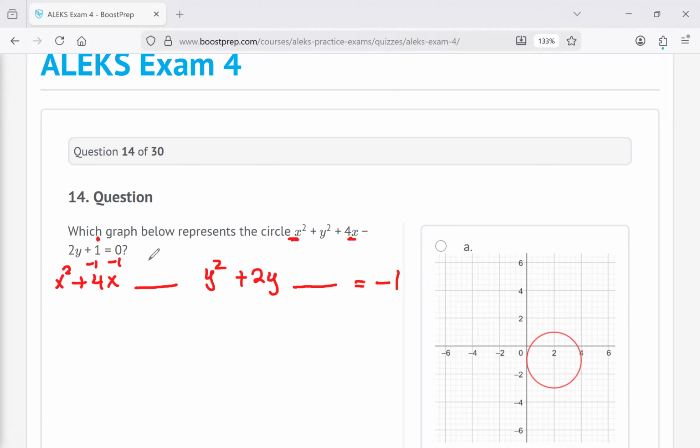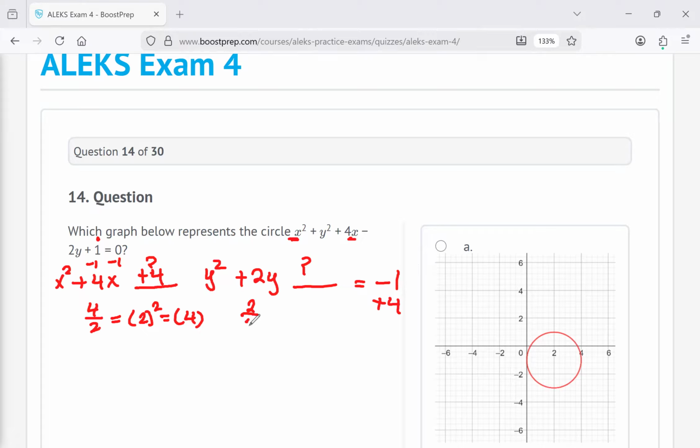What I'm going to put here is, you take half of your b and square it. So if your b is 4, take half of that, that's 2, and I'm going to square that, that's 4. So I'm going to add 4 here and add 4 there on the right side. Same thing here: take half of your b.